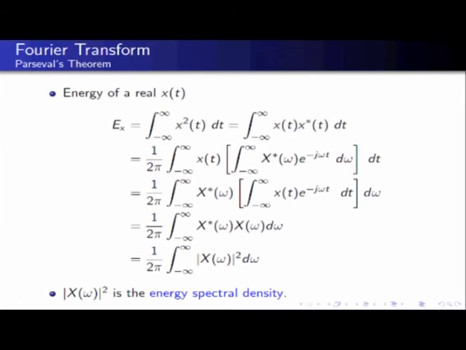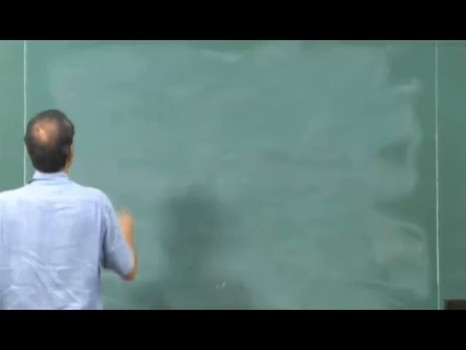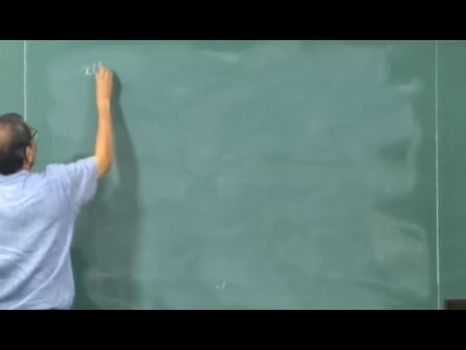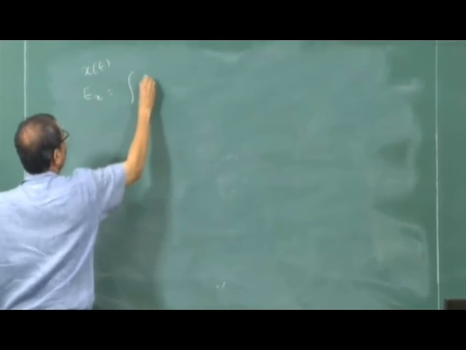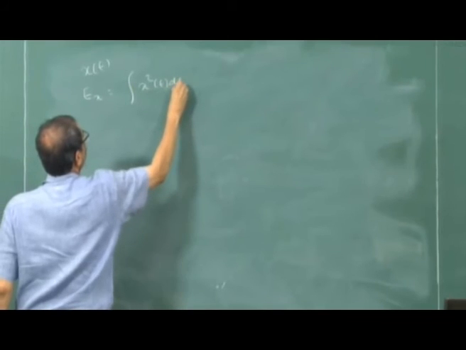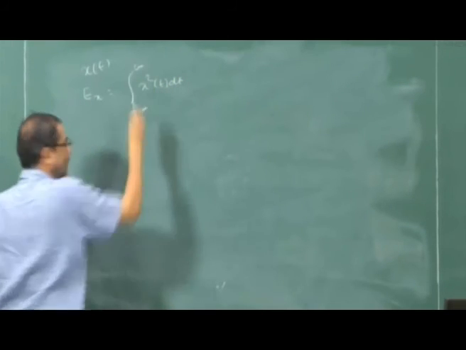So the last slide is the energy spectrum. There's Parseval's theorem that says that if I have an energy signal x of t, then Ex is given by the integral of x squared of t dt, assuming x is real.